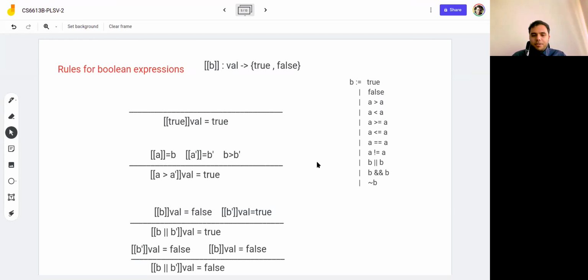As long as your rules specify everything that your program wants to do, it's fine. And these rules don't do that. The reason behind doing this exercise was to show you that you can define even the evaluation of expressions as rules. And this is in the spirit of operational semantics.